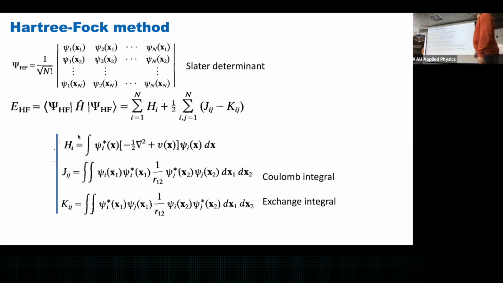And then Fock improved this method. He said that in the original Hartree method we can't include fermions, because fermions should be antisymmetric.